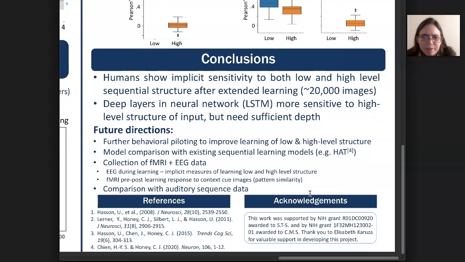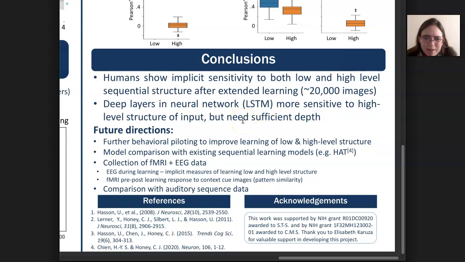So basically we've shown humans are showing some implicit sensitivity to the low and high level sequential structure after extended learning. And in our neural network modeling, we showed that networks that have sufficient depth will show this gradient where the deeper layers of the network that are further away from the input are more sensitive to the high level structure over time.